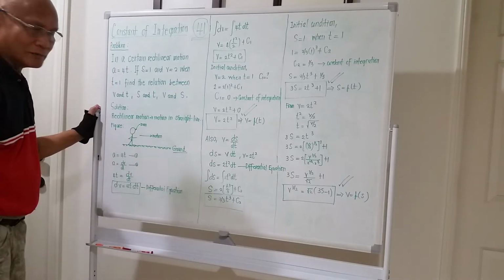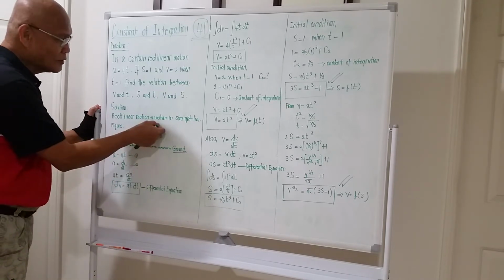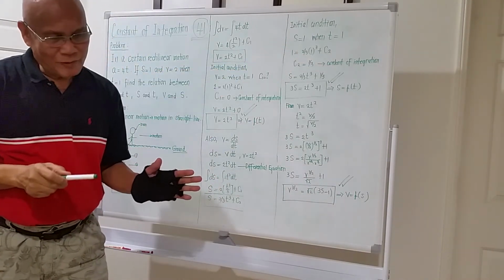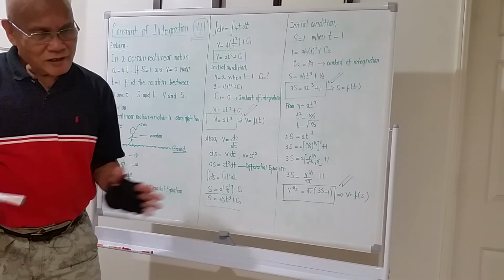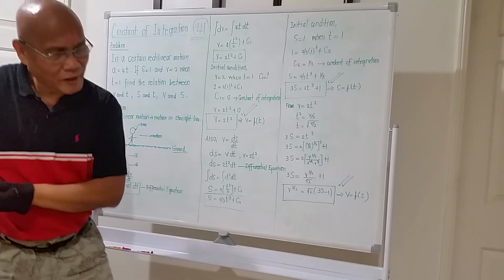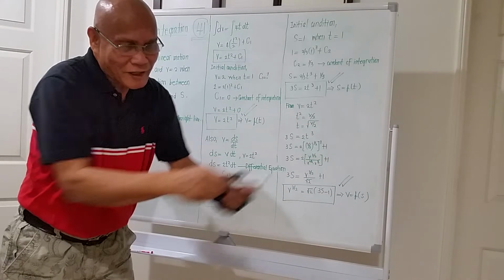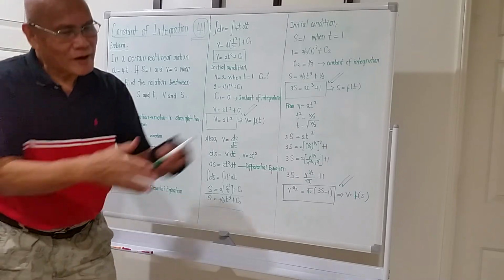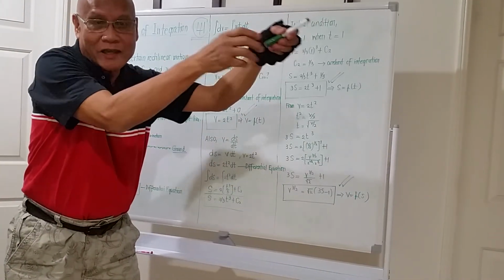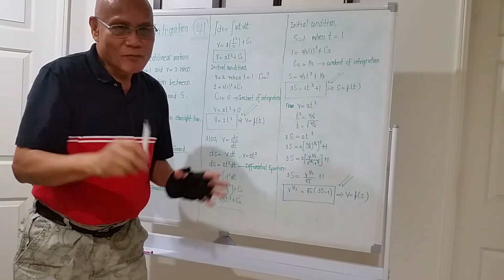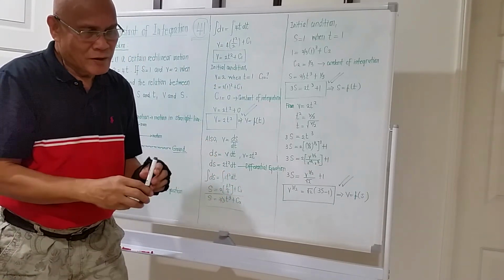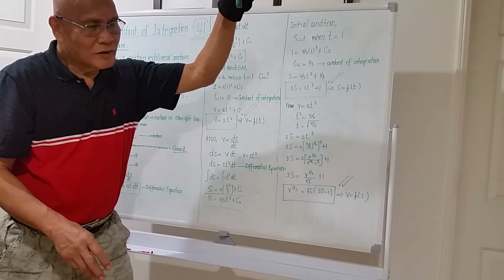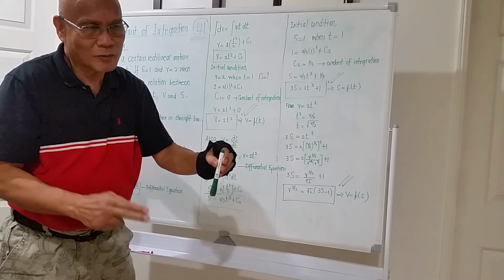What is rectilinear motion? Rectilinear motion is motion in a straight line. Like an F-35 touching down on an aircraft carrier, that's a rectilinear motion. Or an F-35 moving up an aircraft carrier, that's a rectilinear motion initially. Or the movement of an elevator that's going up and down. The motion should be in a straight line.